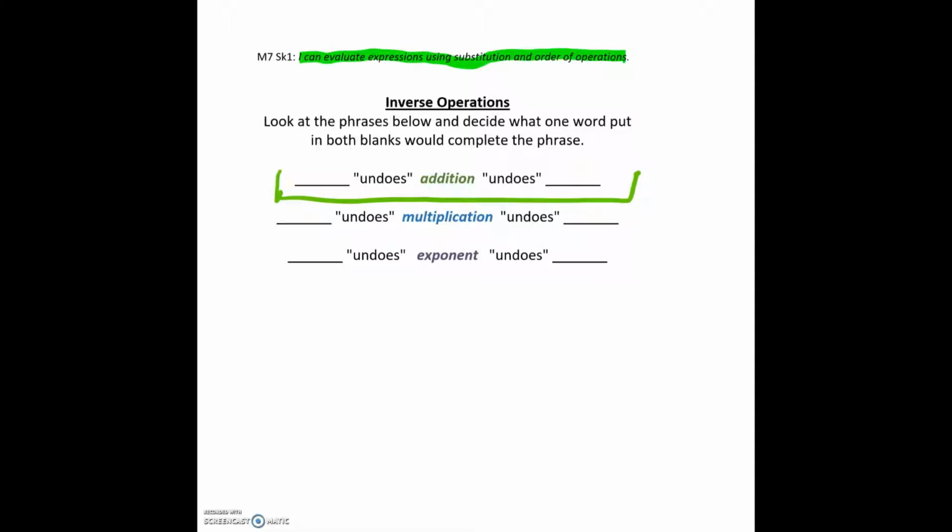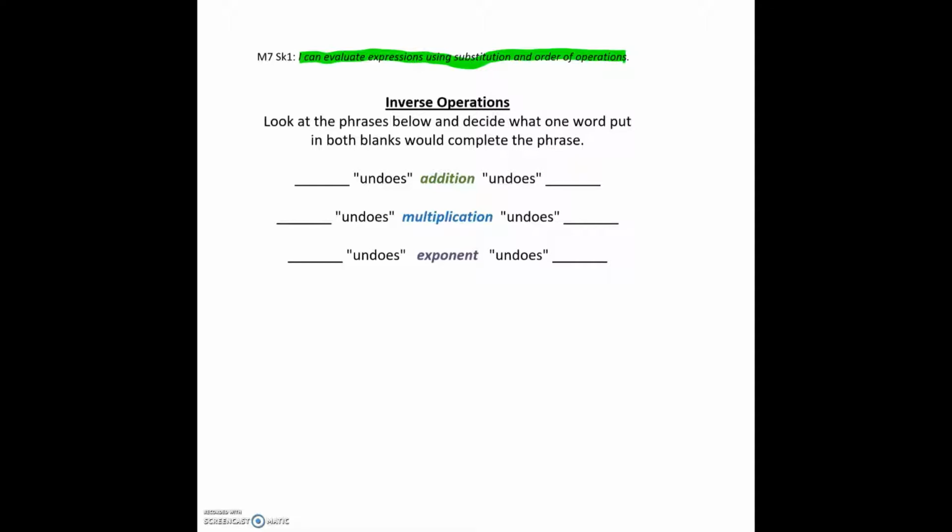So what undoes addition and addition undoes what? You're looking for the same word. You're doing that for addition, multiplication, and exponent. So go ahead and take a second and think for yourself what you think the answers might be. Pause the video here.